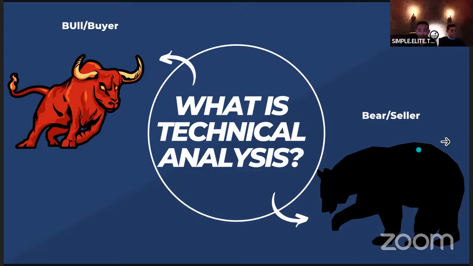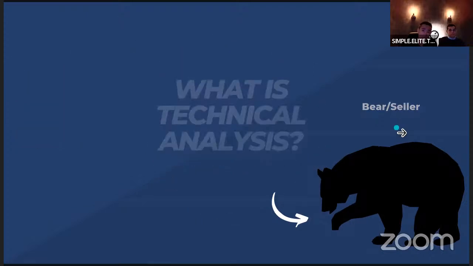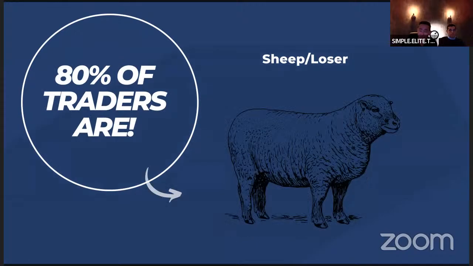But there's one particular party other than the bulls and bears, the buyers and the sellers, and it's actually the majority of them: the sheep, the losers. 80% of traders in the market are actually losers.